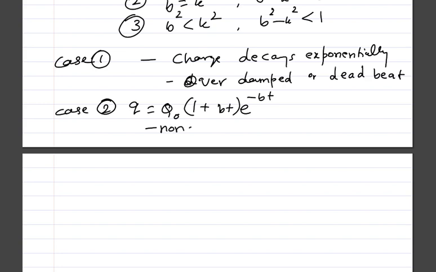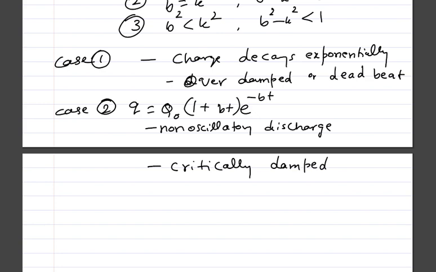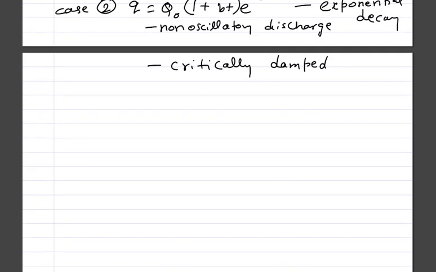So it's a non-oscillatory discharge, also known as critically damped. This is an exponential decay.